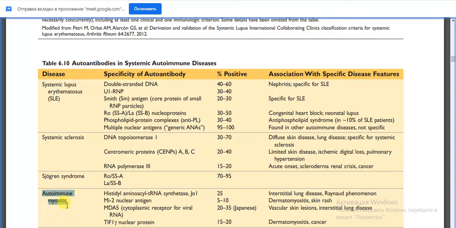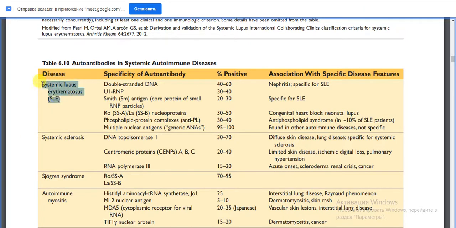An announcement for everyone: next week, in the first class, I'll ask you about these autoimmune disorders, and you have to explain in detail what systemic lupus erythematosus is.